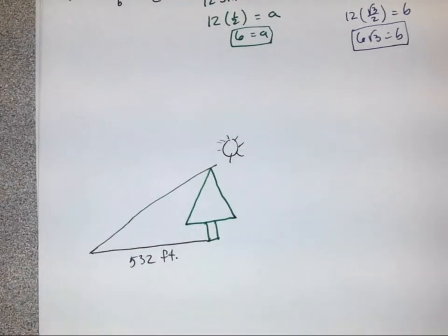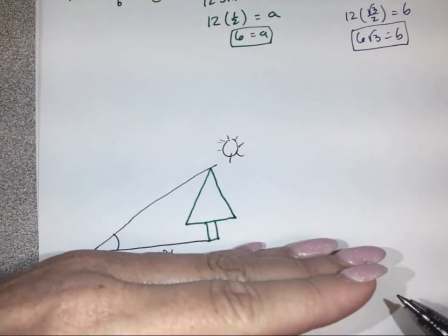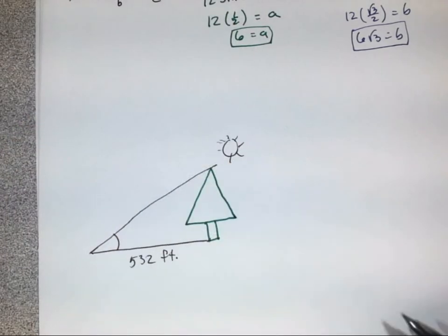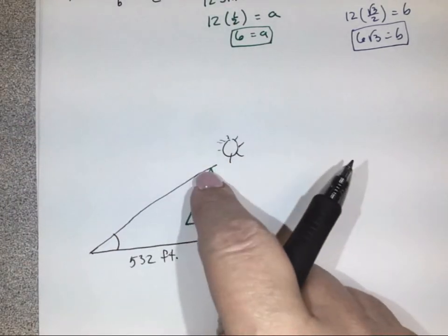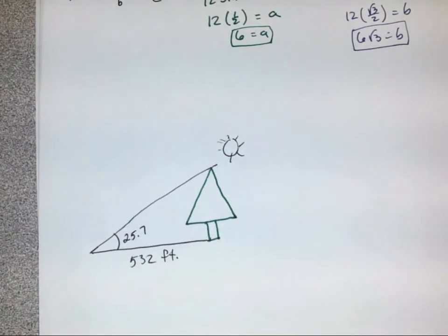And that the angle of elevation of the sun, this is the angle of elevation of the sun. So the sun is rising up there. So usually I have students that put the angle in the wrong spot. So this angle is 25.7. And what we want to know is how tall is the tree?